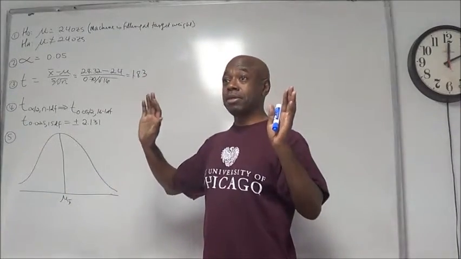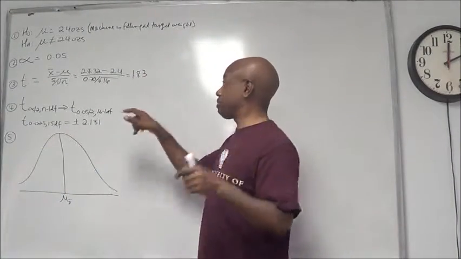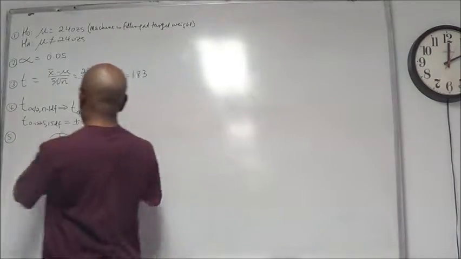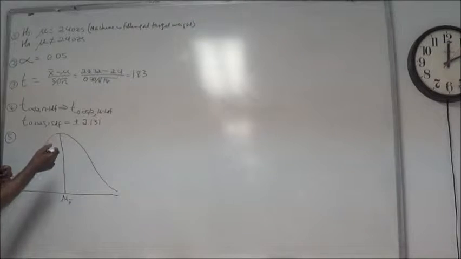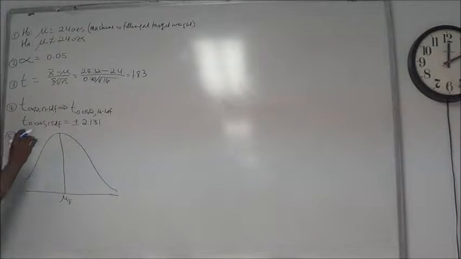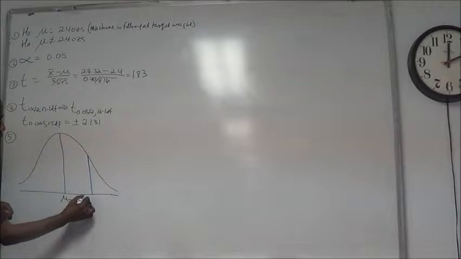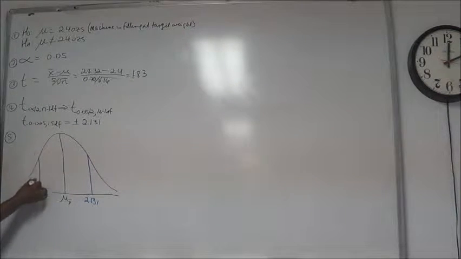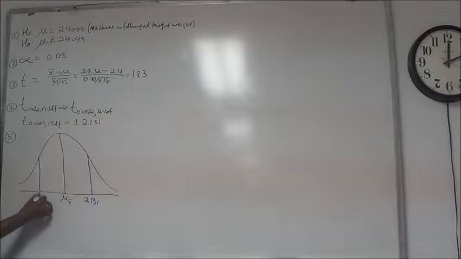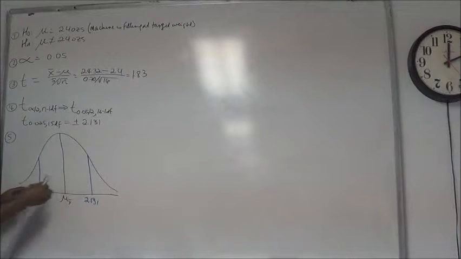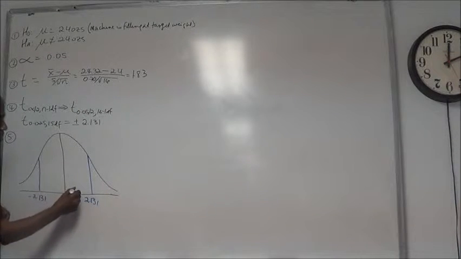These are the acceptable levels at which we expected this to be. So this critical value of T says that I will accept anything within positive 2.131 and negative 2.131.